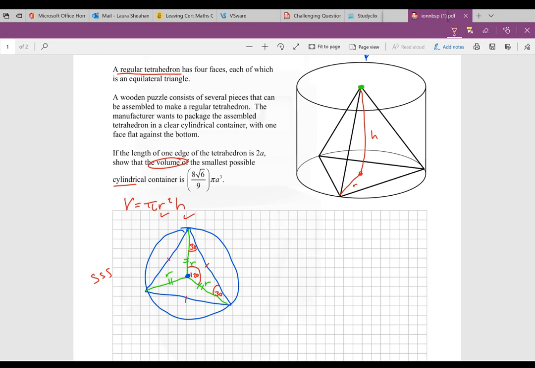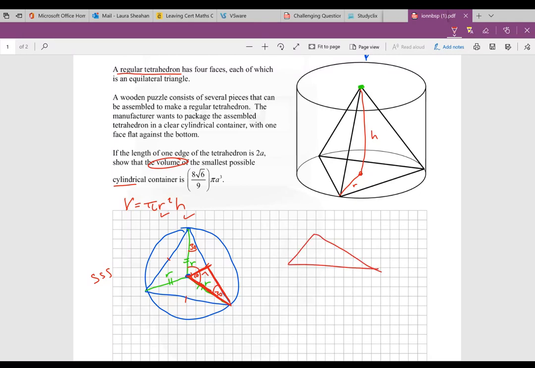Now, because I know that it's an isosceles triangle, I can cut it down the middle to form this right angle triangle. So now I have a right angle triangle up here.